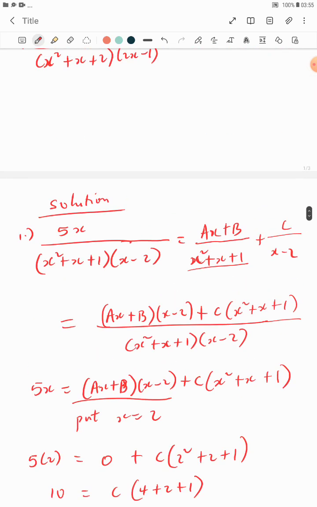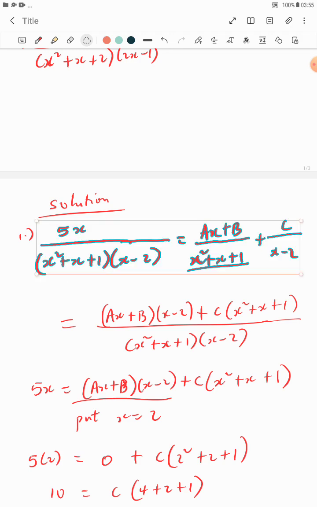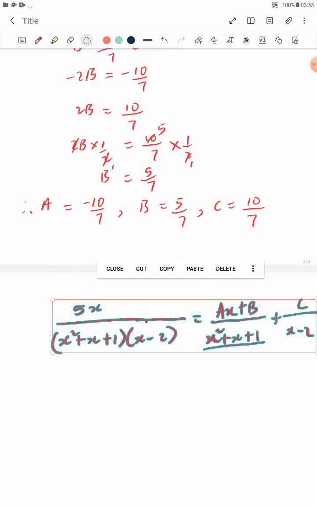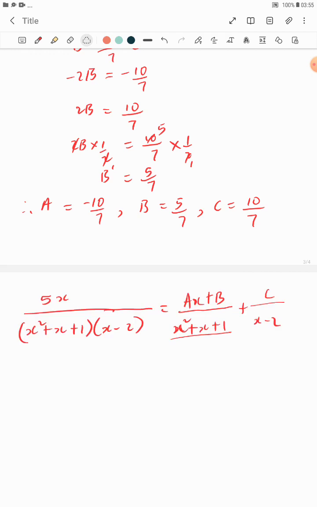Now that we have this, we can now rewrite our partial fraction. Let me just copy this. We have to rewrite our partial fraction. Let me copy that here so that we can write our partial fractions. Now editing this, let's edit it.